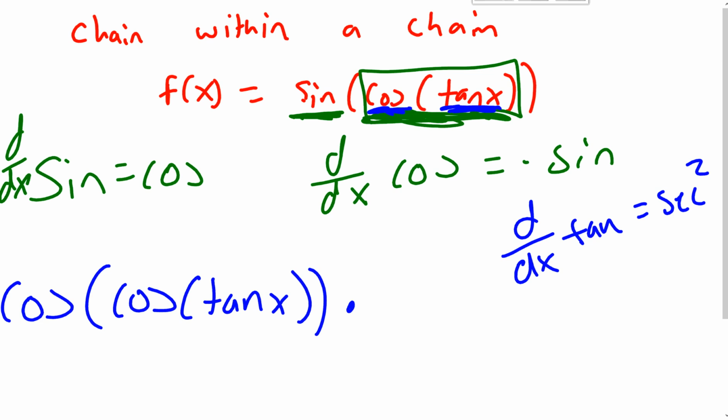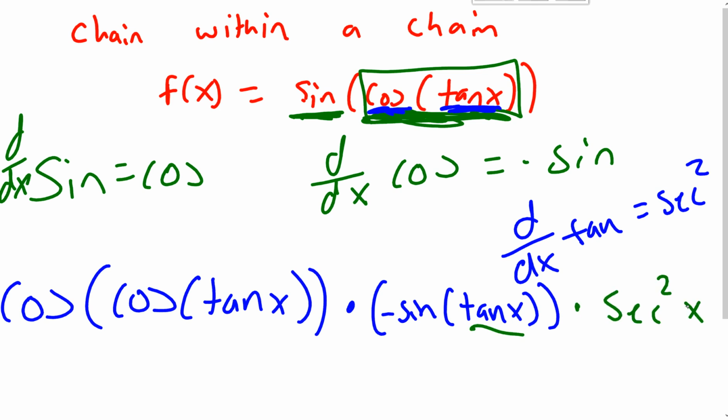Okay, now the derivative of the inside is a chain rule on itself, because I have a function inside a function. So that's the derivative of cosine, which is negative sine. Evaluate at the inside, so I leave tangent in there. And now I take the derivative of the inside, which is secant squared. So I times it by secant squared x.